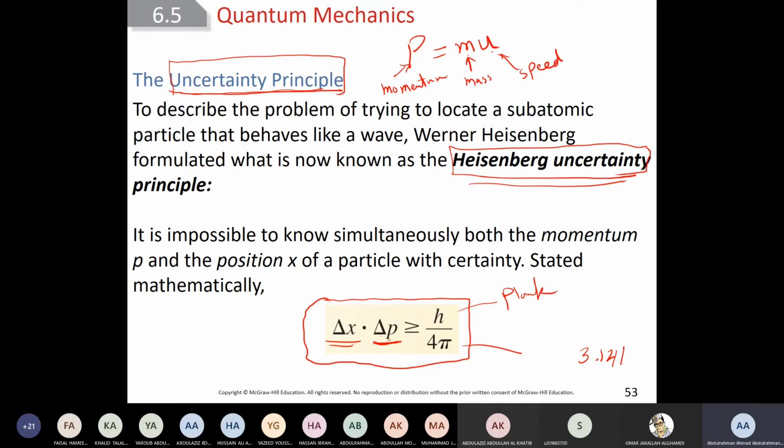So remember this equation. We will solve a problem right now.